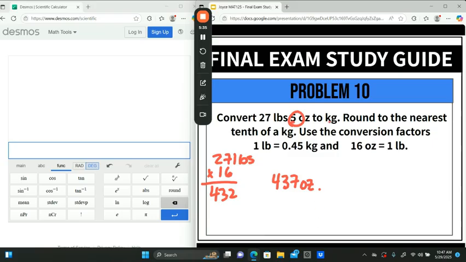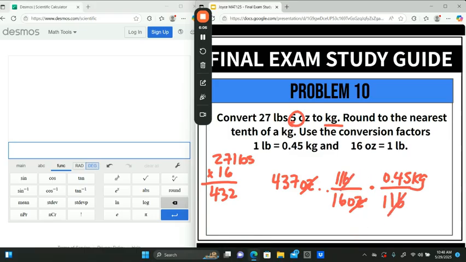Okay, so now the problem is asking us to go to kilograms. So I'm in ounces. I know that there's 16 ounces in a pound. I can get my ounces to cancel there, but we're still going to kilograms. So I can multiply it times the factor of 1 pound on the bottom and 0.45 kilograms on the top.